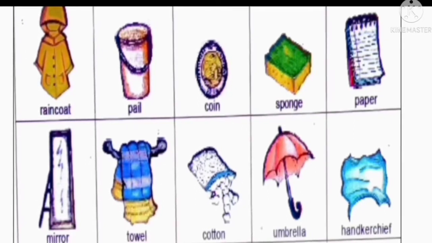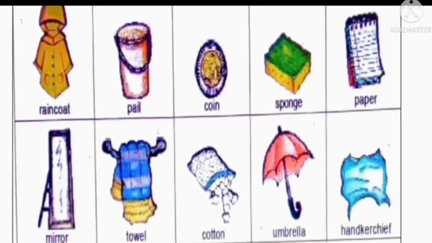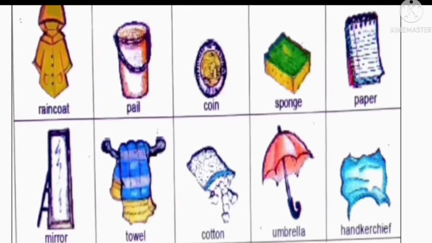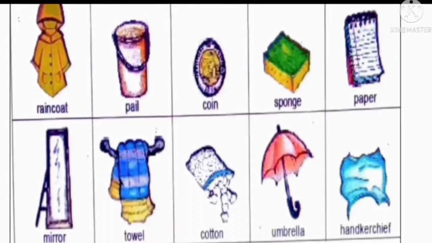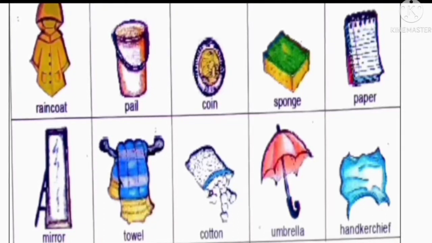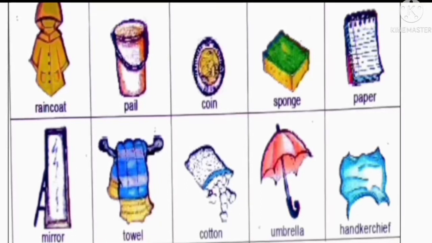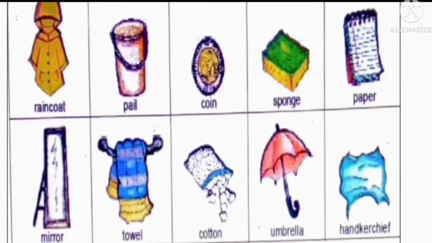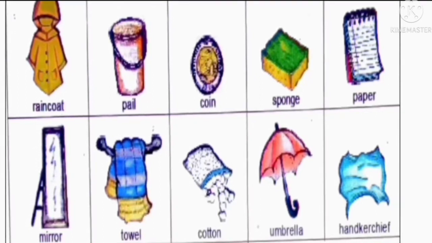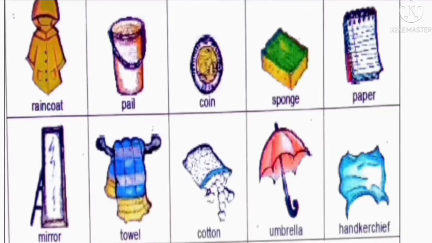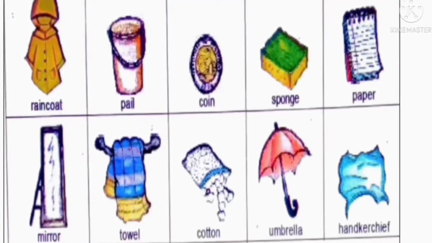Now, which of these materials are porous or those that absorb water? Sponge, paper, towel, cotton, and handkerchief. How about materials that are non-porous or those materials that do not absorb water? They are raincoat, pail, coin, mirror, and umbrella.